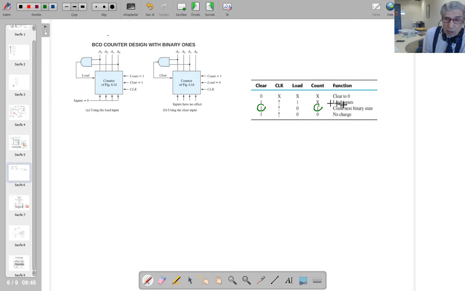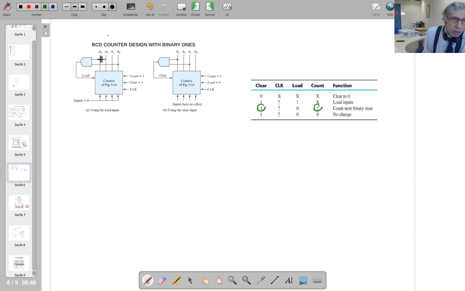If it is 1, it loads the inputs. If it is 0, it counts. So assume that at the beginning that was 0, so the output was 0. This does the counting. Counting up to what? So we're going to check when this load value is changing from 0 to 1.